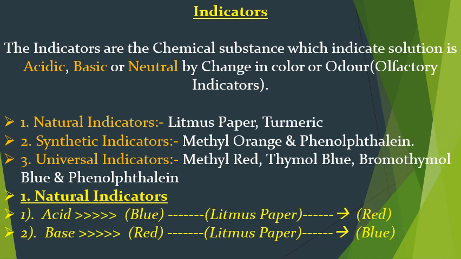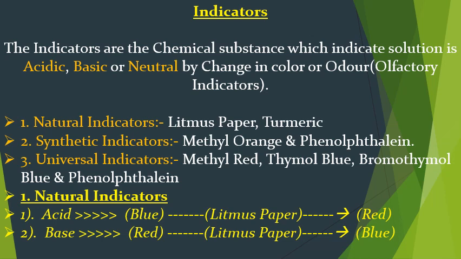Last one is indicators. Indicators are chemical substances which indicate whether a solution is acidic, basic or neutral by a change in color or odor. If you want to identify whether a solution is acid, base or neutral, there are natural indicators, synthetic indicators, and universal indicators.